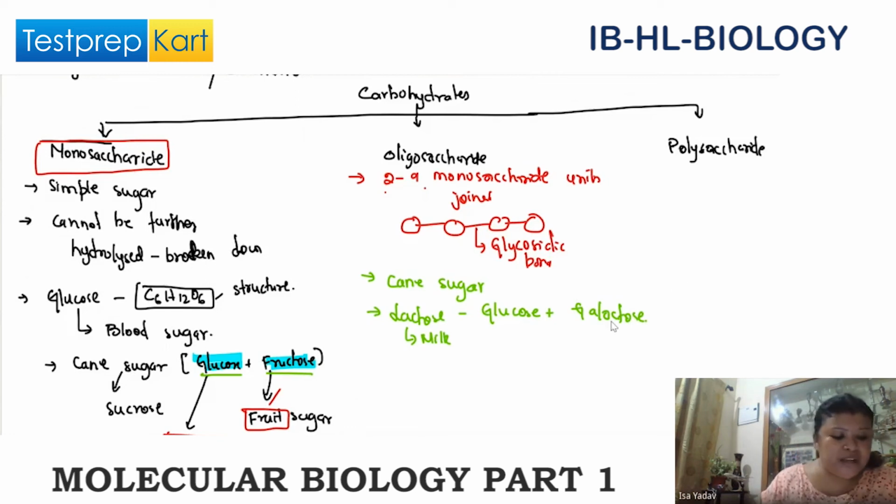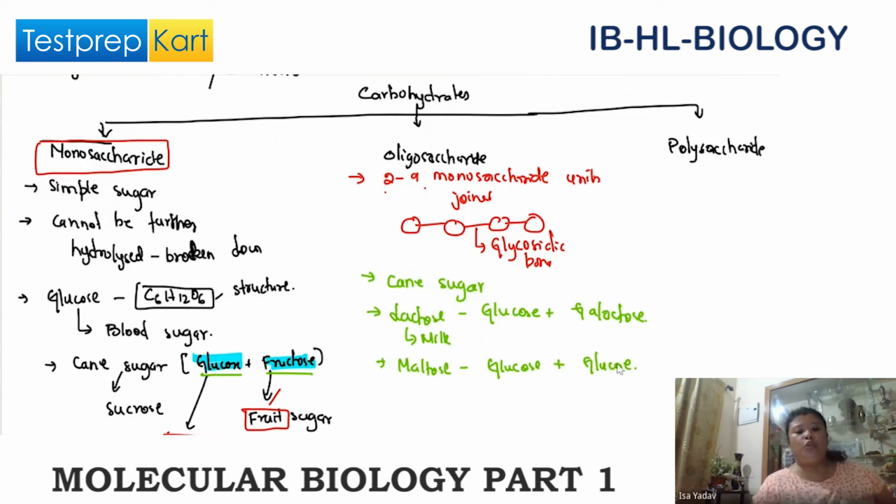Next, maltose, malt sugar, will have glucose plus glucose. When two monosaccharide units are joined, they form a disaccharide. This point is clear, Sana? Yes, glycosidic linkages are there, right?